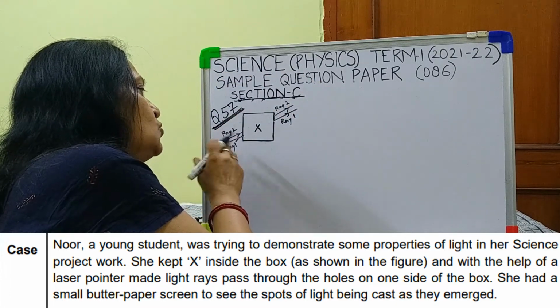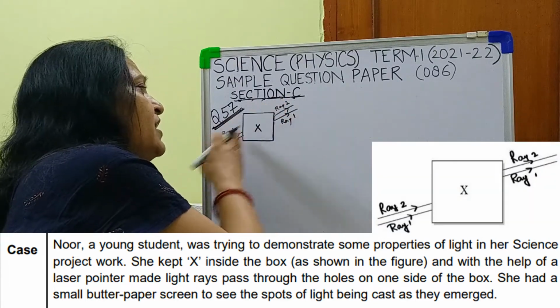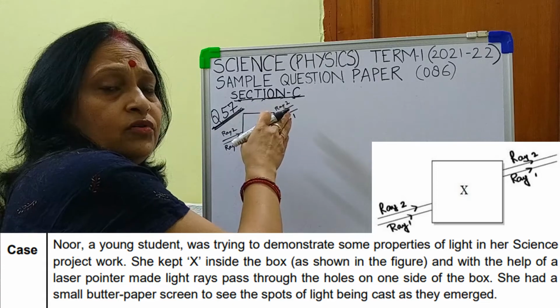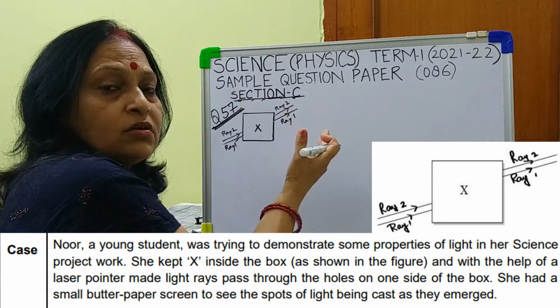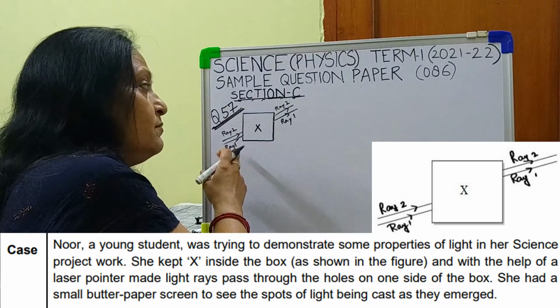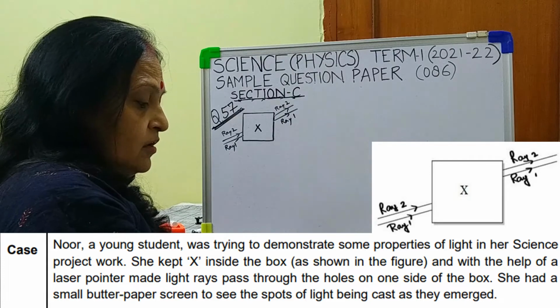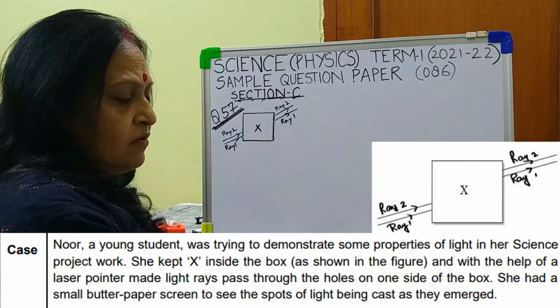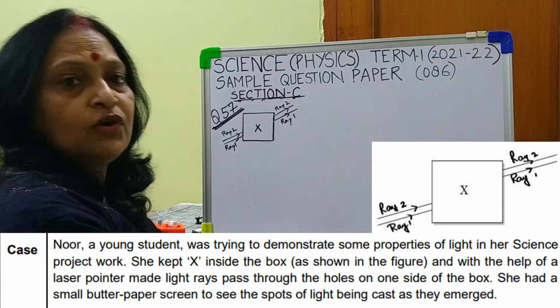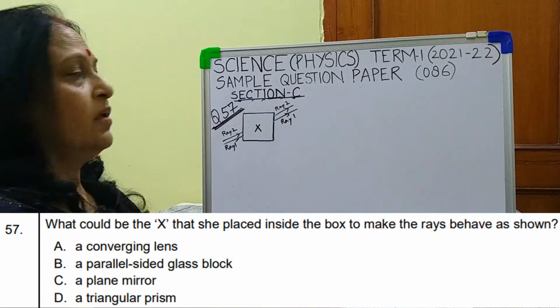Ray 1, ray 2, as you see the path of ray 1, ray 2, the same ray path is followed on the other side of the box in this diagram. Ray 1 below and ray 2 above ray 1. According to this situation, we have to give the answer for question number 57, 58, 59 and 60.